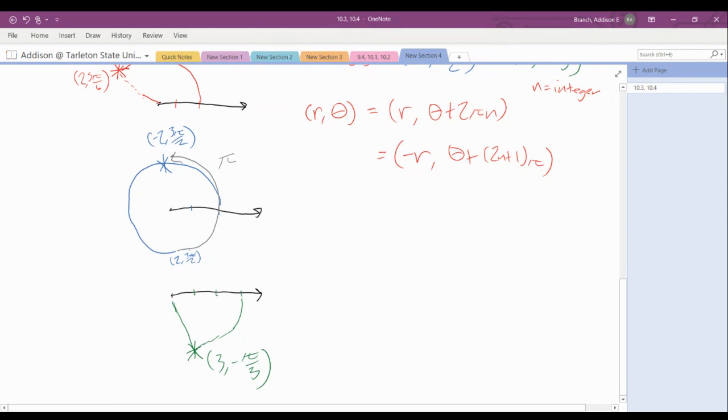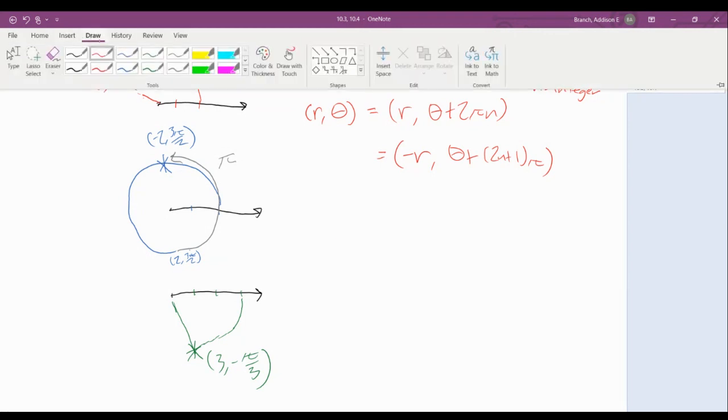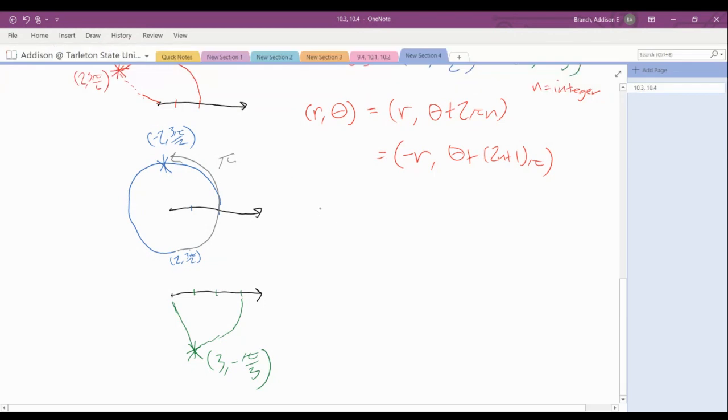So for example, we have that (-2, 3π/2).